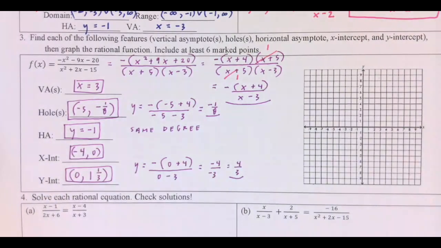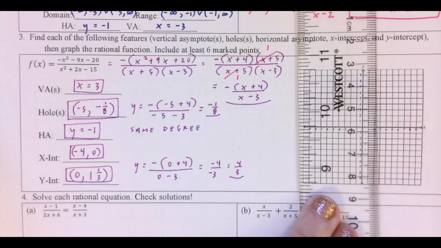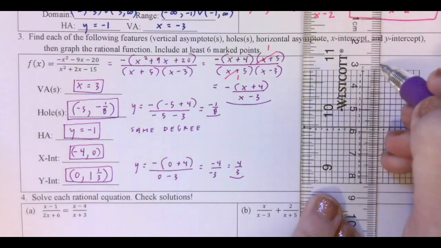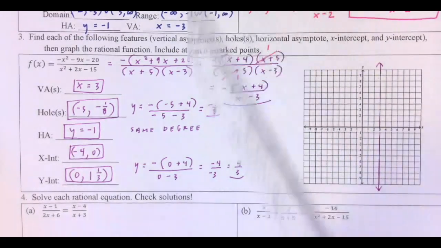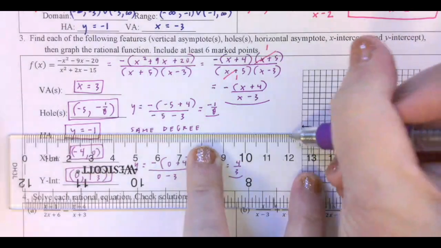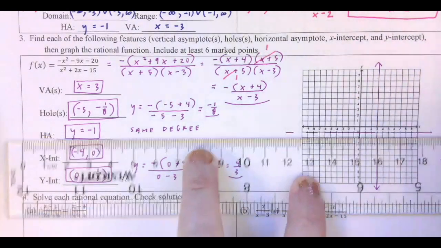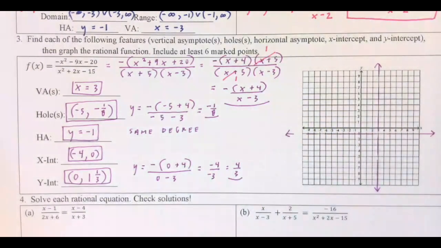All right, I have all of my features, so now I'm ready to start graphing. Looking at the asymptotes, the vertical asymptote is at x equals 3, so right here. Horizontal at y equals -1, so right here. Then I'm looking at where that hole is.